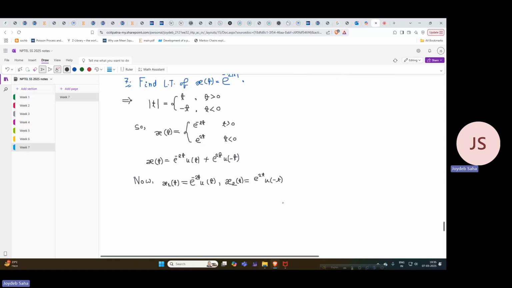So this is a right sided signal and this is a left sided signal.